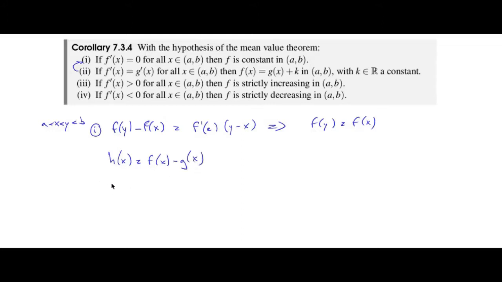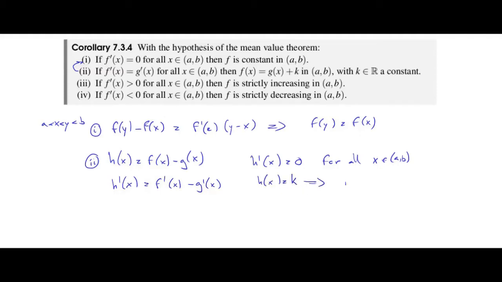H prime will be f prime minus g prime. If h prime is 0 for all x in the interval, then that means that h is a constant k. So that means that f is g plus a constant. And if the derivative of h is 0, that means that these two derivatives are the same, which is what this is saying.